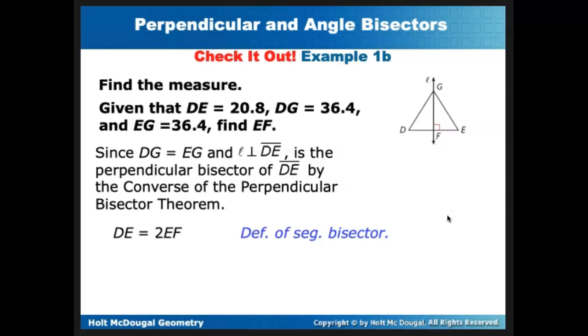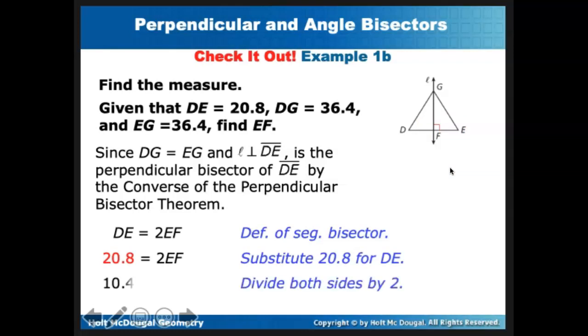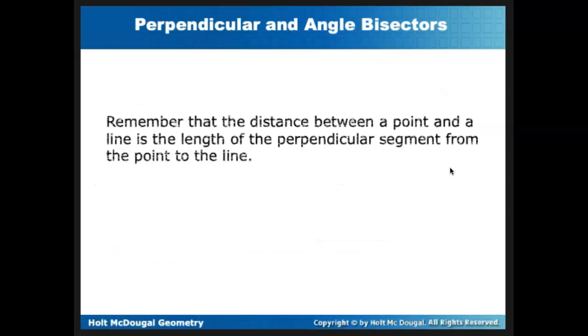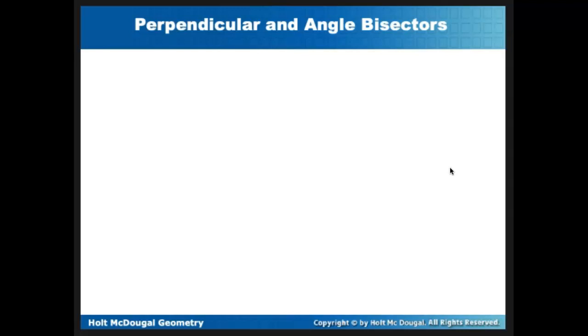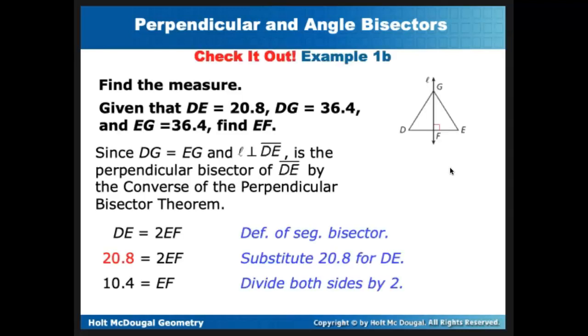So by the definition of a segment bisector, DE is equal to 2EF. This is only half of DE, so we have to take 2 times that to get the same measurement. Substituting, dividing, and wait, where's our final answer? Oh, there it is. 10.4 units.